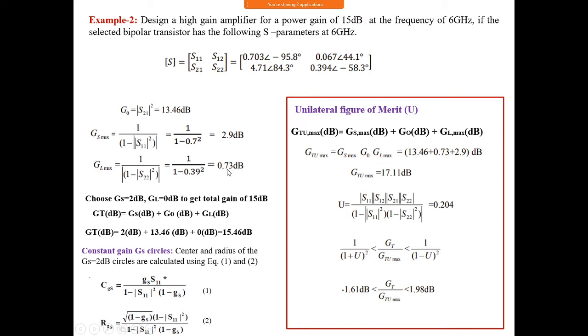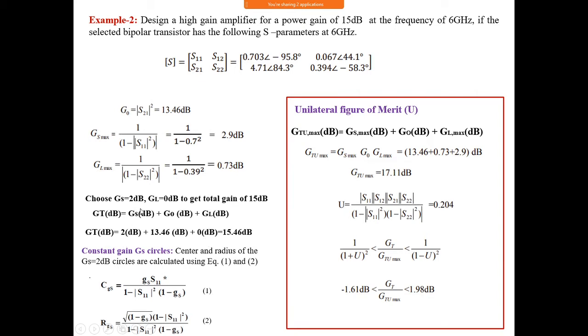So we cannot take 1 dB for GL, because the maximum itself is 0.73 dB. So we took it as 0 dB. So 0 dB and 2 dB here. Next, what we need is that the gain from the input circuit must be 2 dB, and the gain from the load side must be equal to 0 dB.